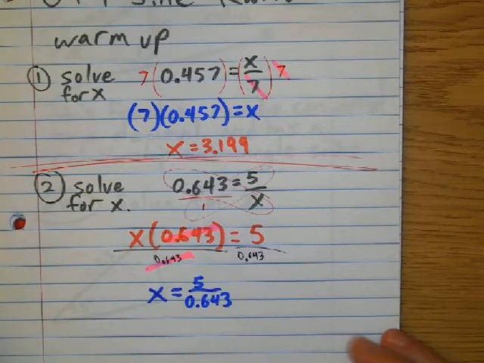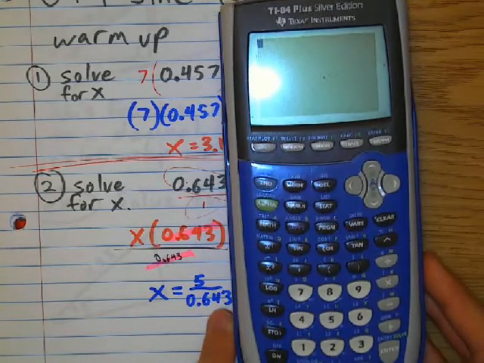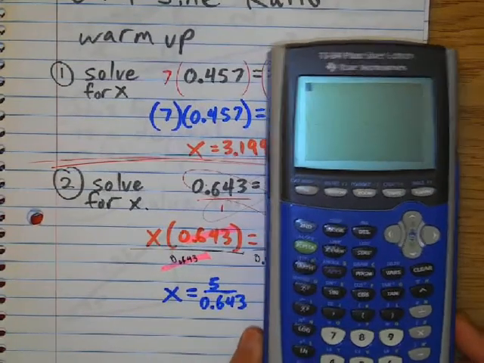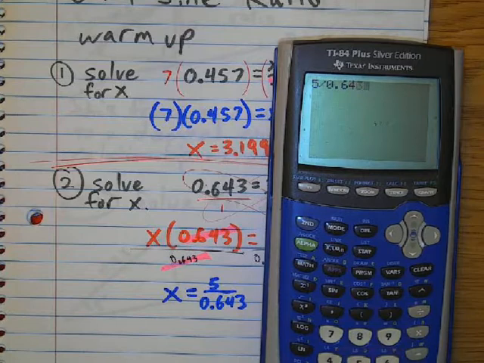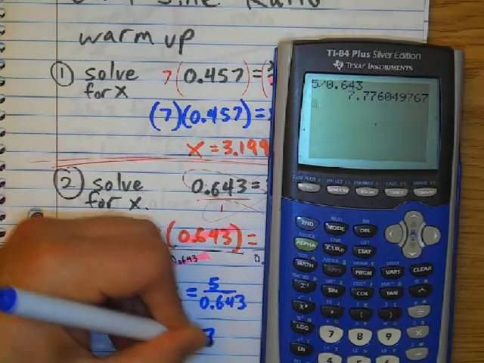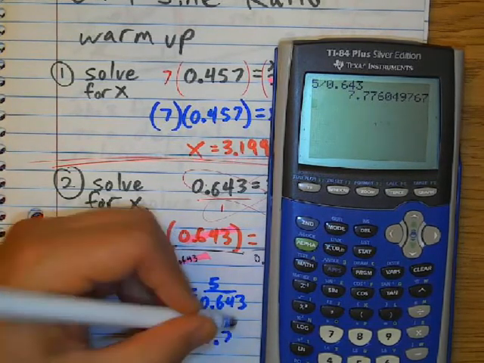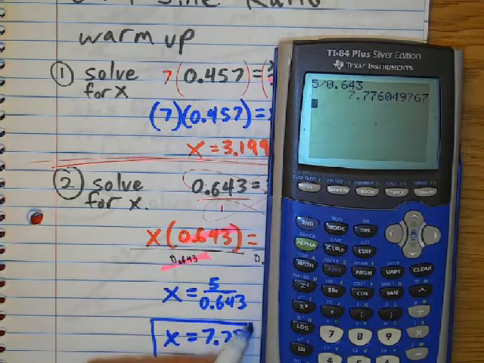So now I'm going to get out my calculator. 5 divided by 0.643, and hit enter, and I get x equals 7.78. Okay, and that is the length of x.